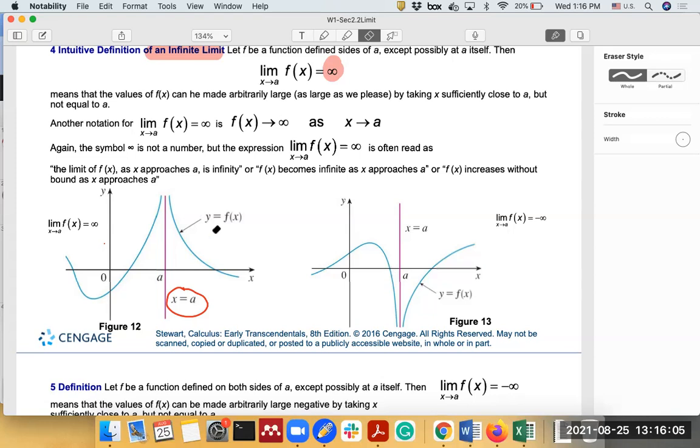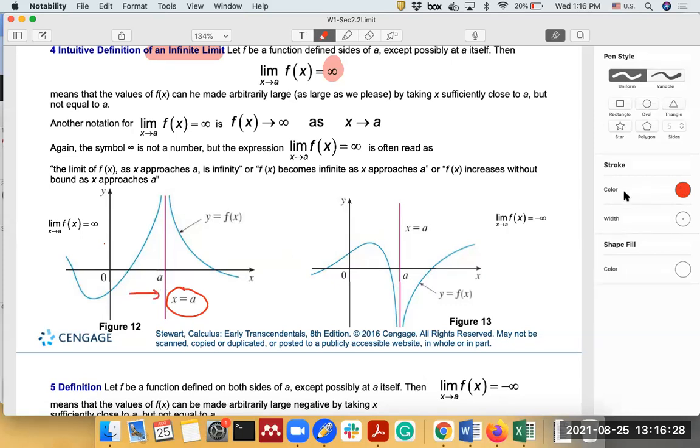Anyway, now the same idea. Suppose the function f of x is the blue line here, and we see that it is going up, and imagine it comes close, but it becomes very big. The graph cannot show more, but imagine it will go up forever. And when x approaches a from the left-hand side, then f of x, for example, suppose this value right here is 1, then it cuts the graph at this point, right?